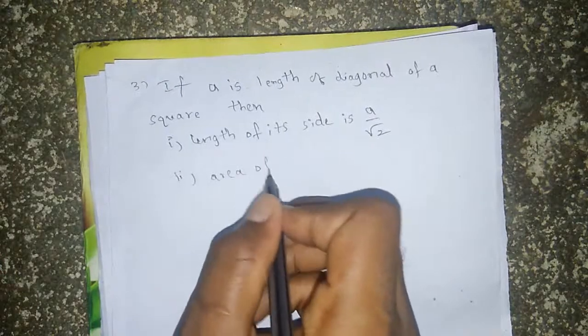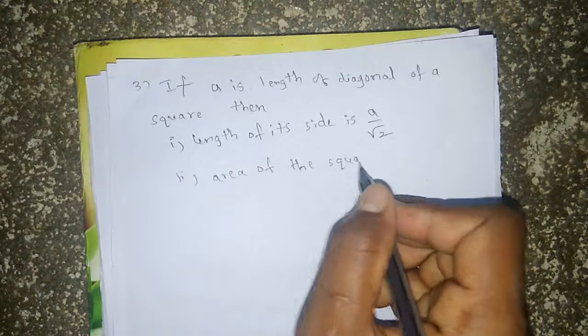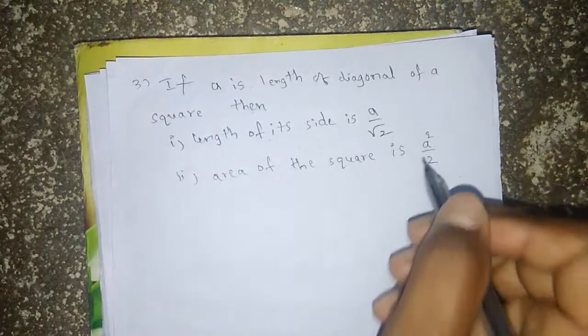Second point, area of the square is a square by 2.